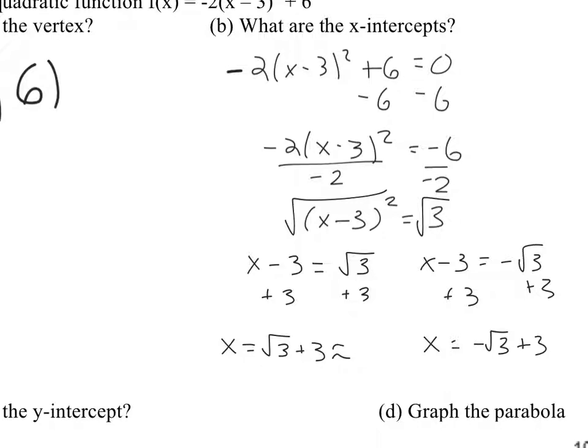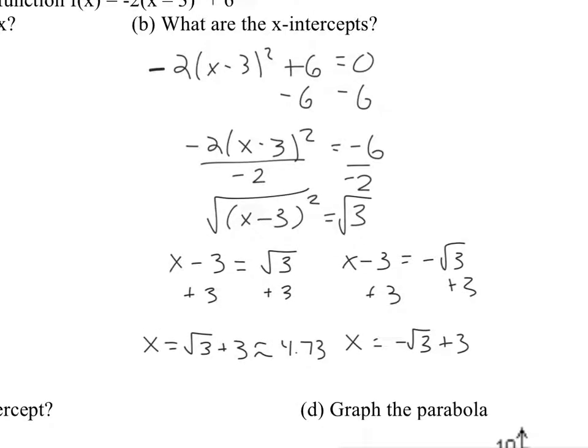In this case, square root of 3 plus 3 is right around 4.73, and that's the one we'll graph. And this negative square root of 3 plus 3 is right around 1.27. So we need the exact answers for this question for what are the x-intercepts, but we can use the decimals when we're graphing.